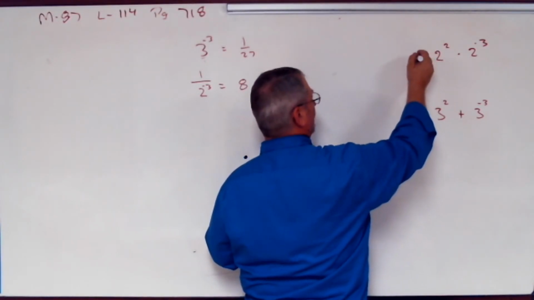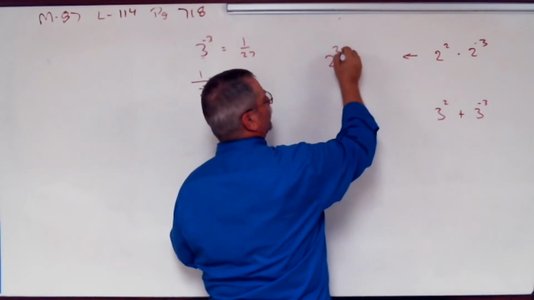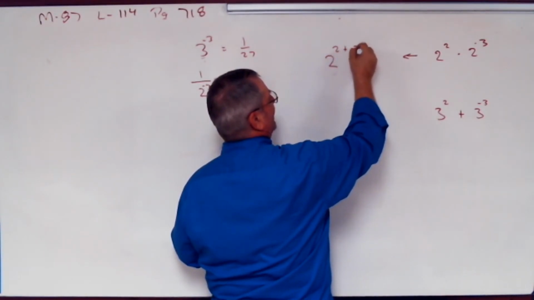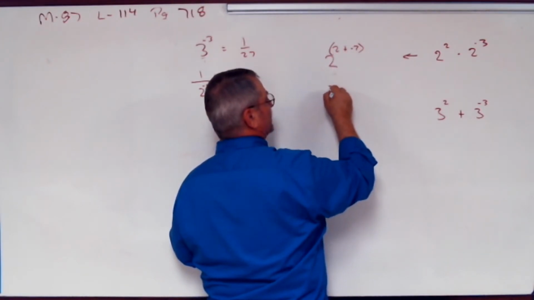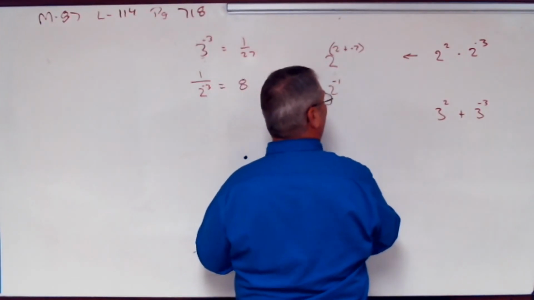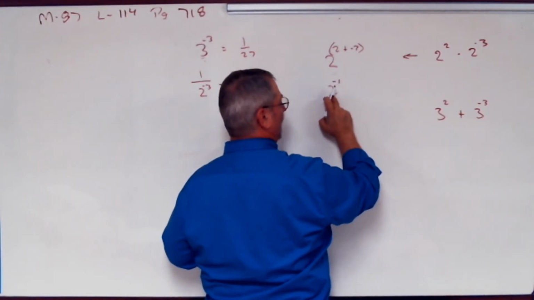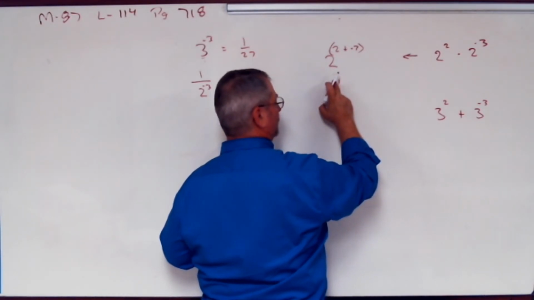So this here, we're going to work this way: 2 to the 2 plus negative 3. That is 2 and negative 3 is negative 1. I can't leave a negative exponent on a whole number. I need to make that a positive exponent.